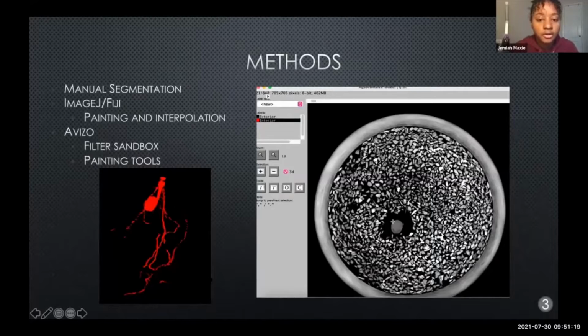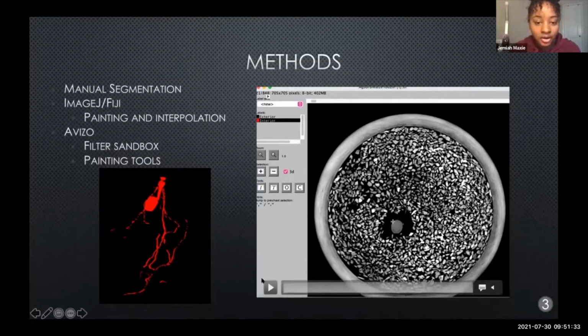So I started the data analysis using ImageJ. We decided to go with manual segmentation because of the low image to noise contrast in the slice images like you see here. I got started with ImageJ using their painting and interpolation tools.